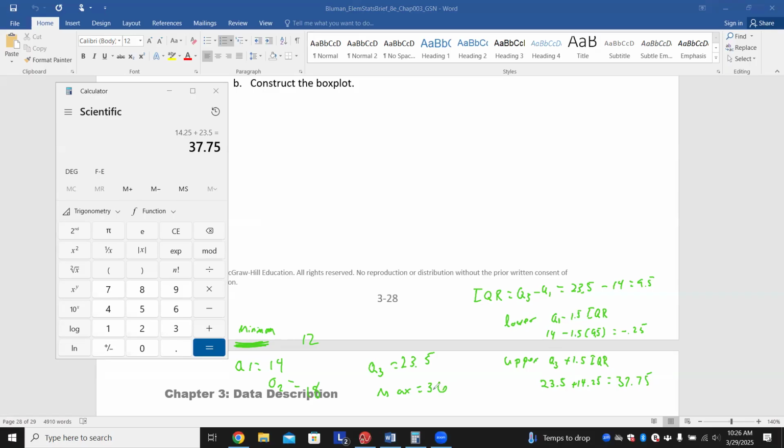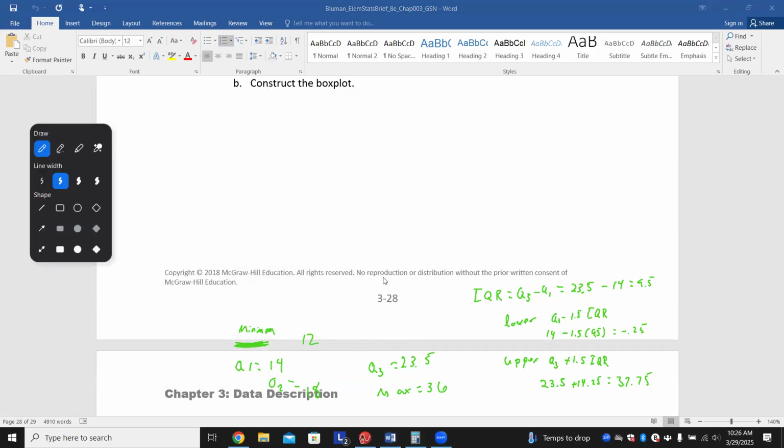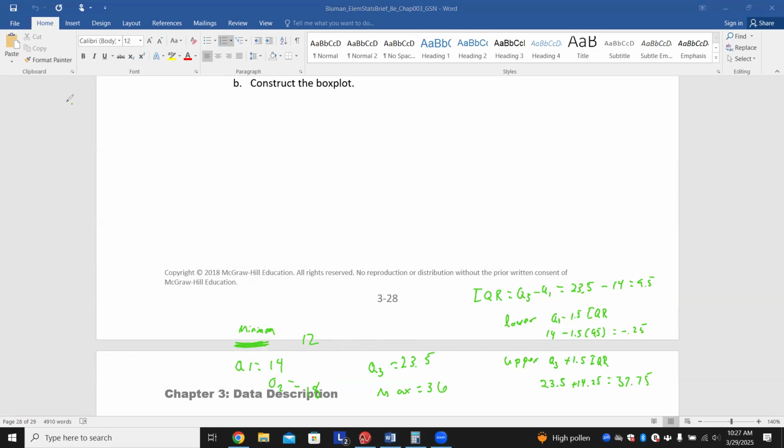My max was 36, so it does fall within the boundary, but it's always good to check that. If it ends up being an outlier, we can use the asterisk. I don't have any negative numbers, so I don't have any lower boundaries. I just wanted to check that. It doesn't illustrate that in your notes, and it just bugs me, but you definitely need to make sure you check that because you could end up with that situation.